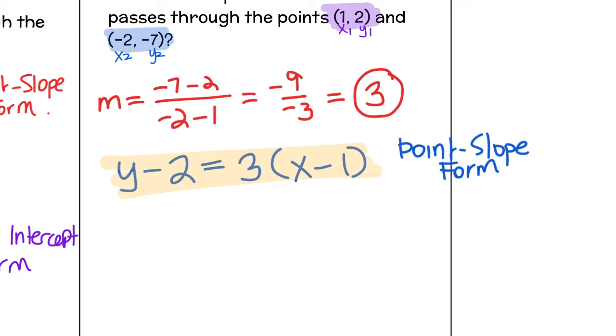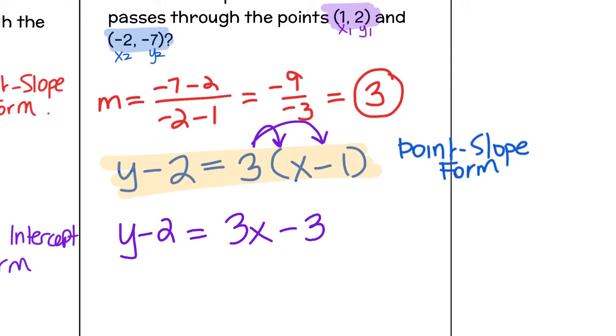Now I need to convert it to slope intercept form. So we're going to leave the left side the way it is for now. But on the right side, let's distribute the 3. 3 times x is 3x. 3 times negative 1 is negative 3.